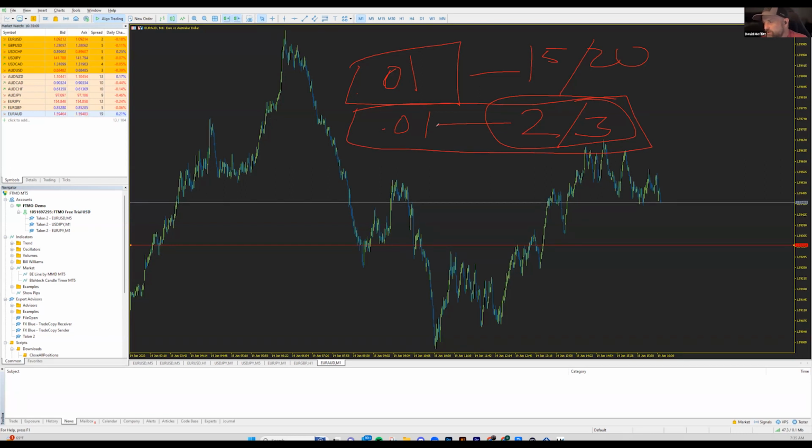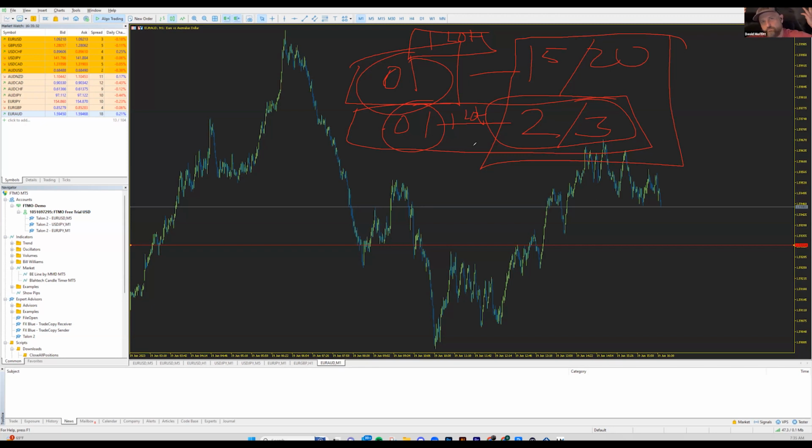You should keep the same position size for the same market conditions. Sometimes on the flip side, we're trading with one lot here and one lot here. The biggest difference is we're either too heavy or too light.